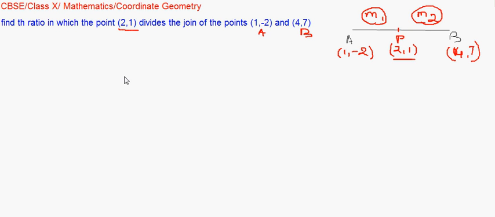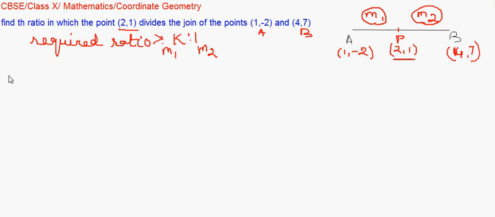We need to apply the section formula to find the ratio m1 and m2. To do so, let the required ratio which we are supposed to calculate be k is to 1. This one is referred to as m1 and this as m2.